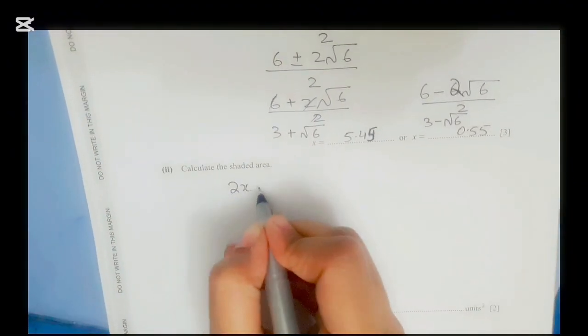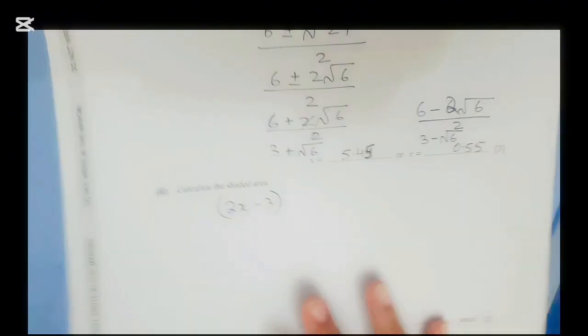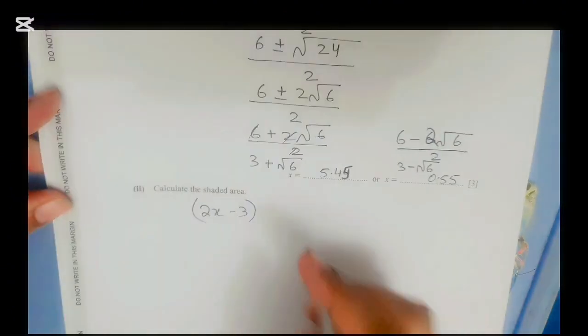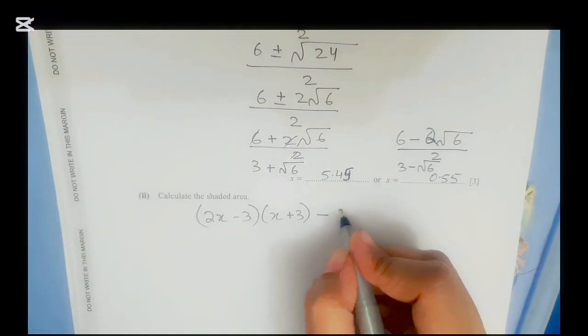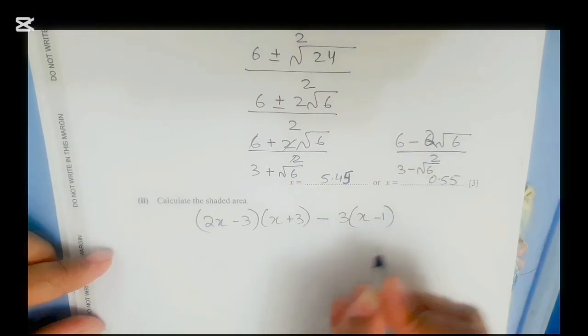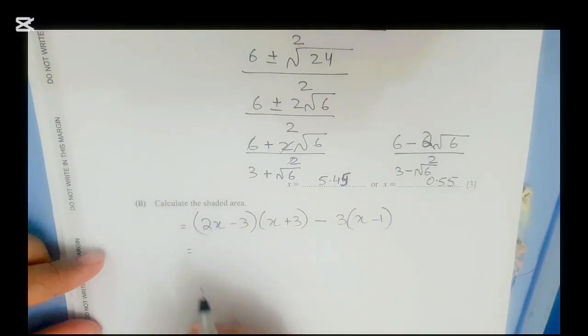So first of all, I am writing the area, 2x minus 3 and x plus 3, minus, we have to subtract 3 times x minus 1, and we already know the area, that is 2x square plus 3x minus 9.